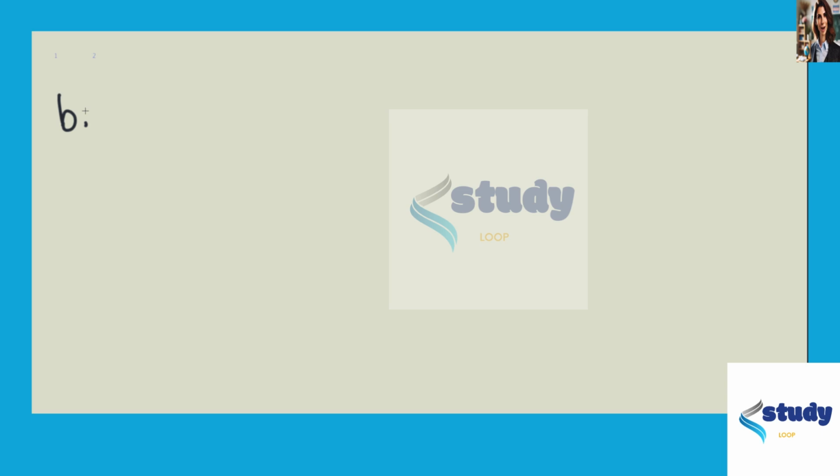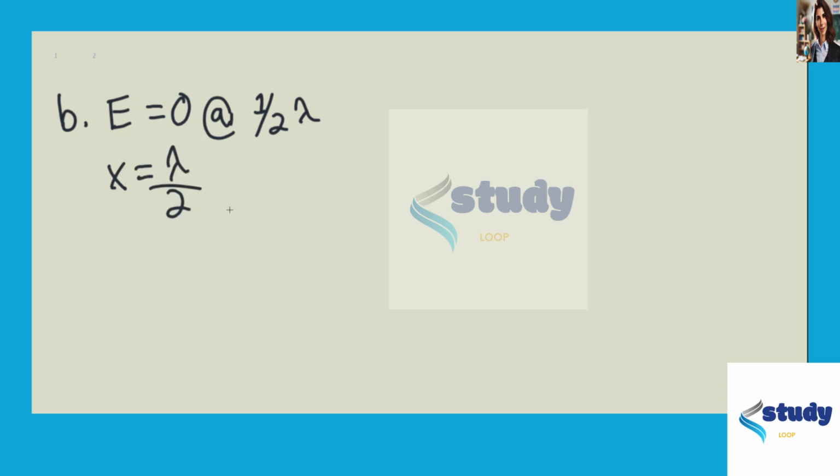For part B, along the positive direction, we can say that E equals 0 at 1/2 wavelength from the previous point where E equals 0. So x equals lambda over 2. This is equal to the speed of light divided by 2 times the frequency.